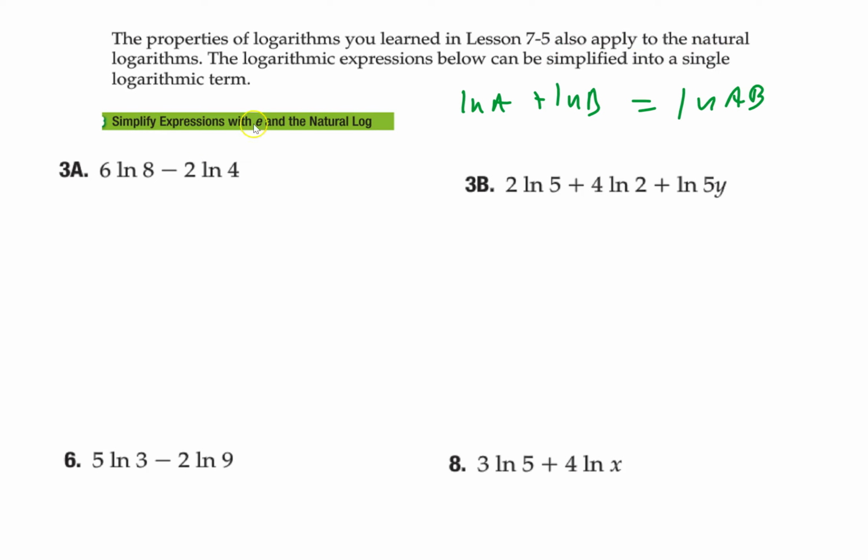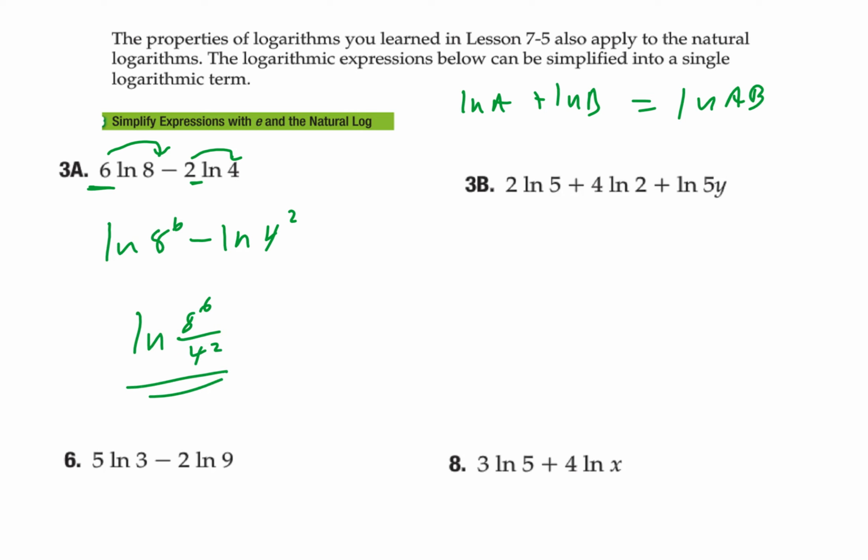So like here, remember the first thing we always do is move the powers to the top. So natural log of 8 to the 6, heck if I know what that is, minus natural log of 4 squared. That's a minus sign, so we're going to divide. So again, the key is it's one log, natural log of 8 to the 6 over 4 squared.